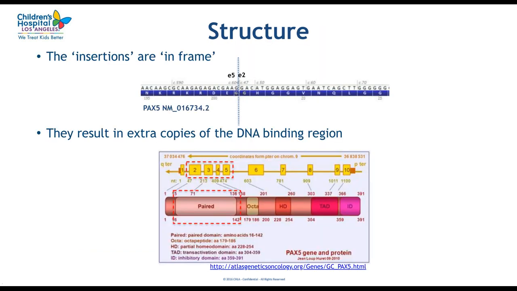The other insight that we got from our studies about this abnormality was about its structure. So our cases also involved typically exons 2 to 5. And when you look at the junction between these exons, it is predicted at the mRNA level that it would be in frame. So this abnormality is not really predicted to disrupt the gene, but rather to result in extra copies of a certain region of the protein.